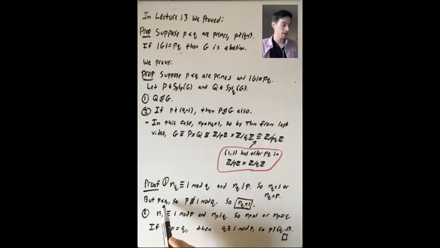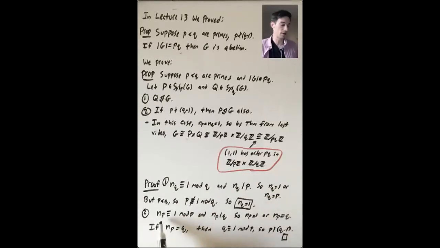But p is less than q, so it's not possible for n_q to be equal to p, because that would mean p is congruent to 1 mod q, and that's not possible because p is a prime less than q. So q does not divide p - 1. That means n_q = 1, and having a unique Sylow q-subgroup is the same thing as saying that Sylow q-subgroup is a normal subgroup of G.